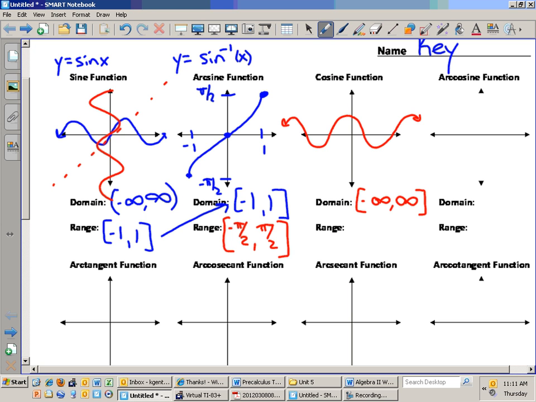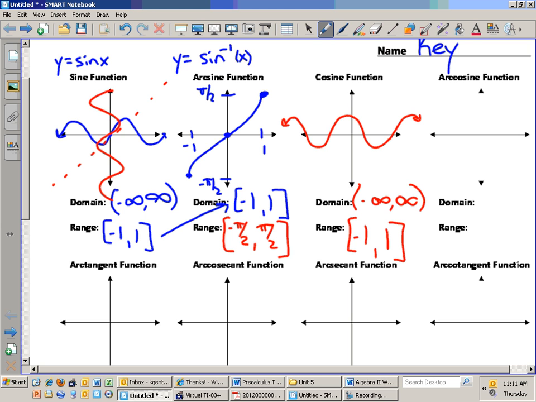It covers all x values. It continues going on forever to negative infinity and positive infinity. The range. Oh yeah, sorry. You can't achieve positive and negative infinity. Sorry about that. The range would be from -1 to +1. Okay.